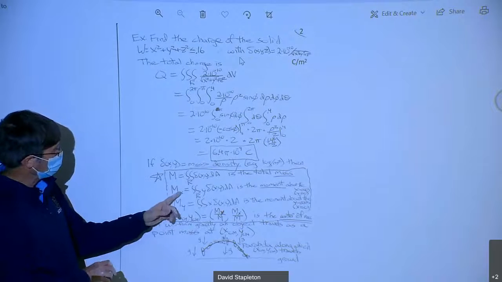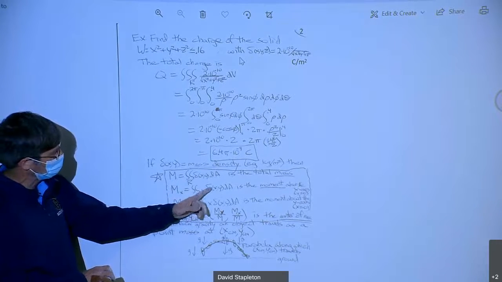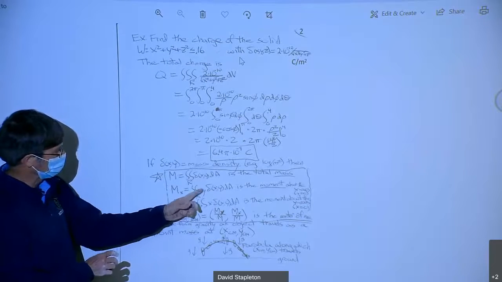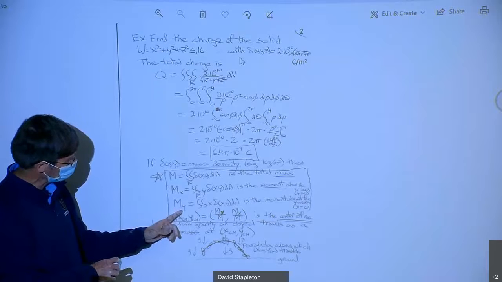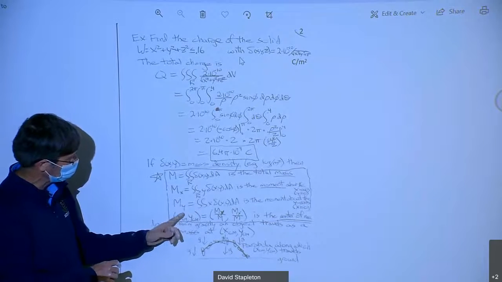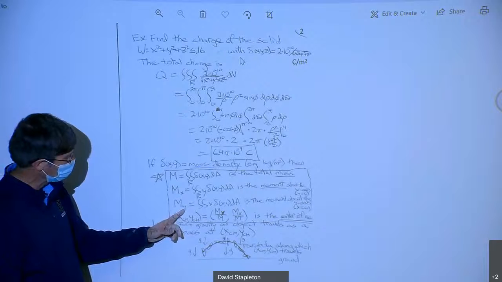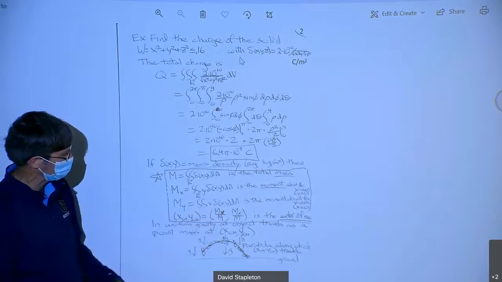And then mx, the moment about the x-axis, is the double integral of y times the density. It's the same formula, right? It's just a double integral instead of a triple integral. And my, the moment about the y-axis, it's odd, you put y here and x here, but it's the moment about the y-axis, or x equals 0 on the x-axis. The moment about x equals 0 is the double integral of x times the density.